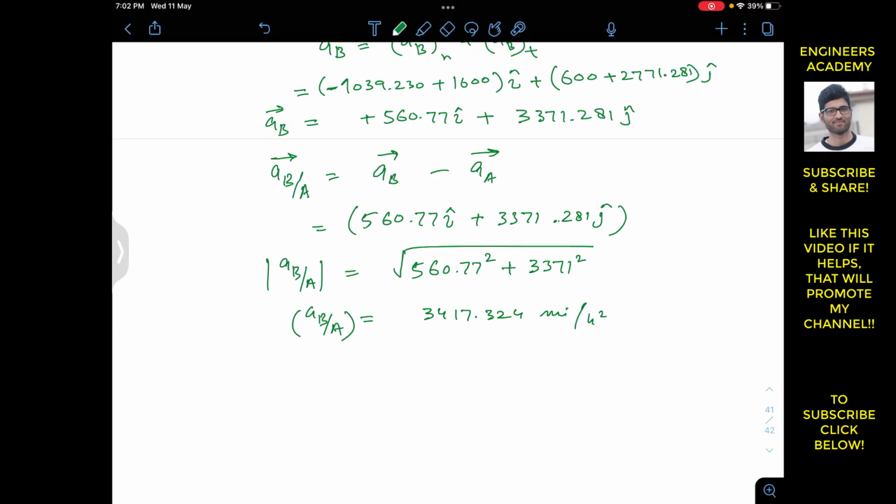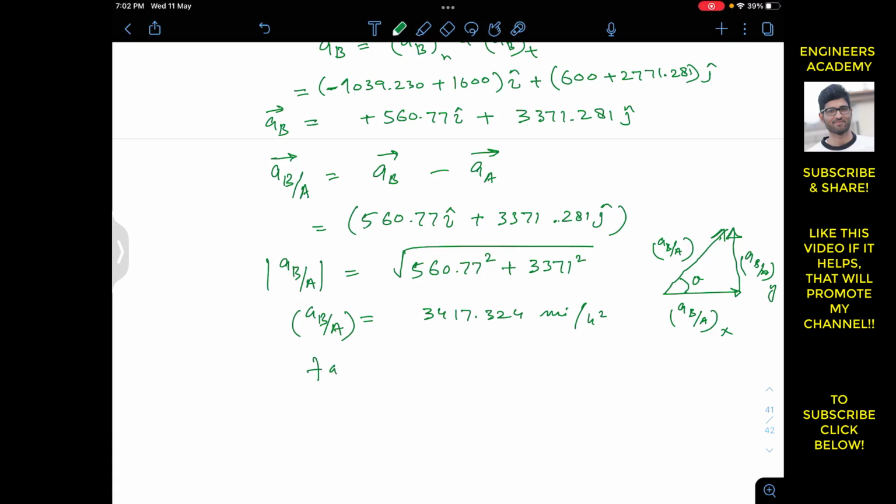We can represent it graphically. So ABAX is acting in this direction. This is ABAX and this is ABAY. So this will be the AB vector, or we can say this is ABA. This is that angle theta with the horizontal, so we can apply tan theta.